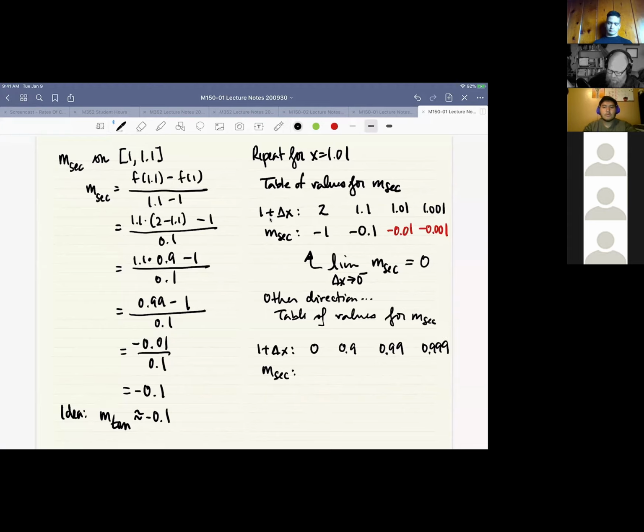So these are all getting closer to 1 from below. You can do the calculations and verify that the first secant line has slope 1. And then I get a secant line of slope 0.1, and then 0.01, and then 0.001. And so these numbers make it look like the limit as delta x goes to 0 from below of my slopes is 0.